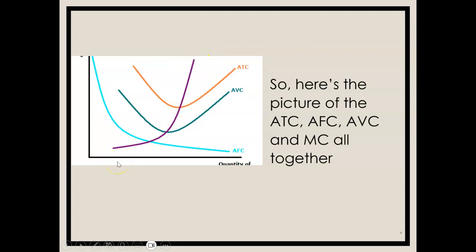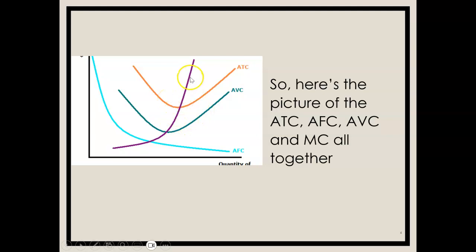Okay, notice that relationship between marginal cost, average variable cost, and average fixed cost. This is, again, a reflection of what went on with the marginal and average product curves. When marginal cost is less than average variable cost and average total cost, then those curves are decreasing.